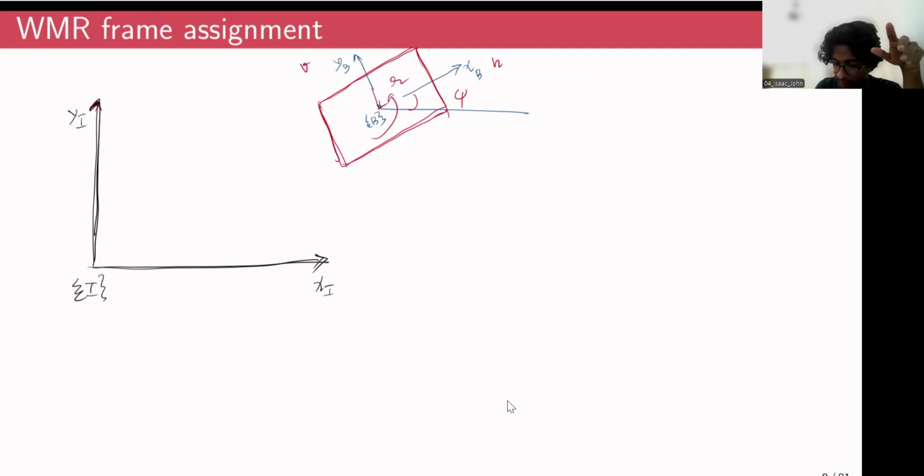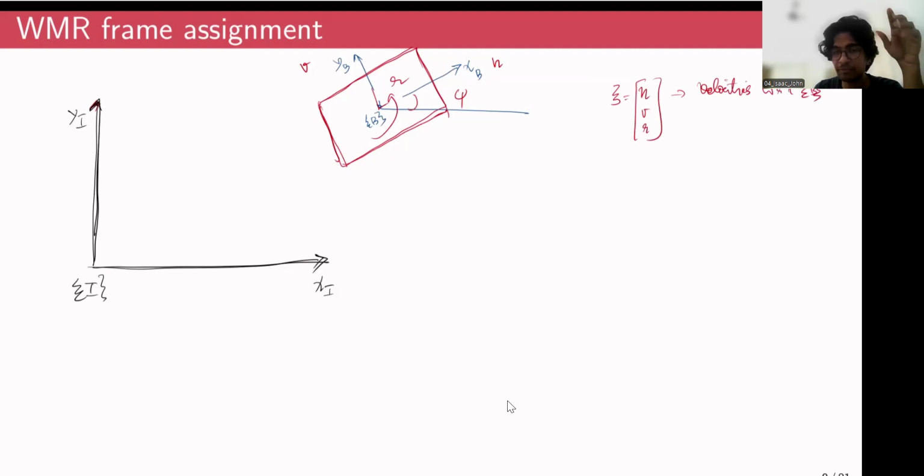So if I call the velocities along the body fixed frame of reference u, v, r, these are the velocities with respect to the body fixed frame of reference.